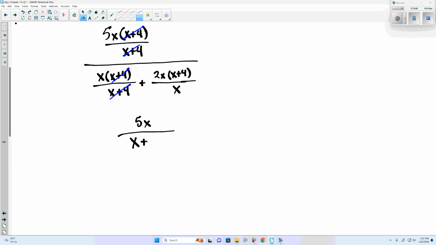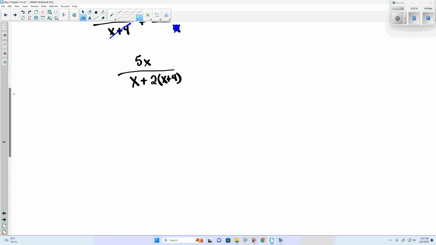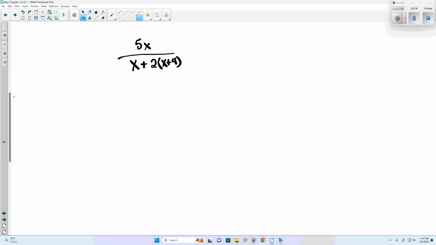What would simplify? Our x and x, which leaves us with 2 times x plus 4, yes? Do we have any fractions left? No. That's why we multiplied by that x times x plus 4, that least common denominator, because when we did that, all of our fractions in the top and bottom simplified out. Yes?